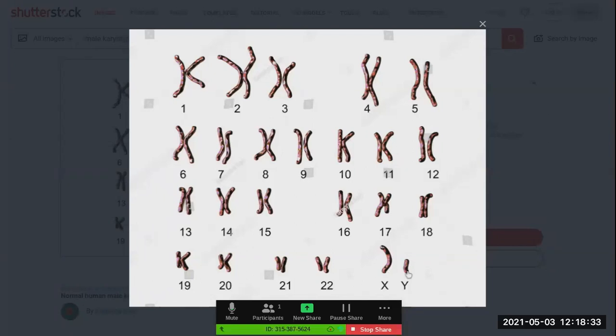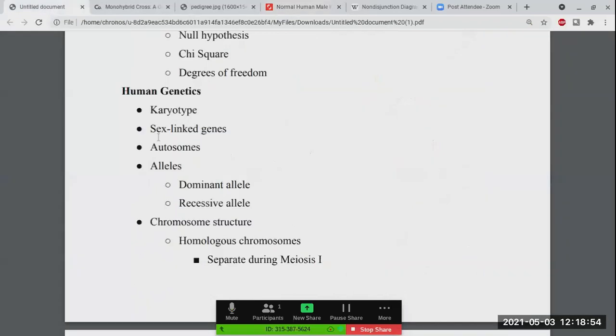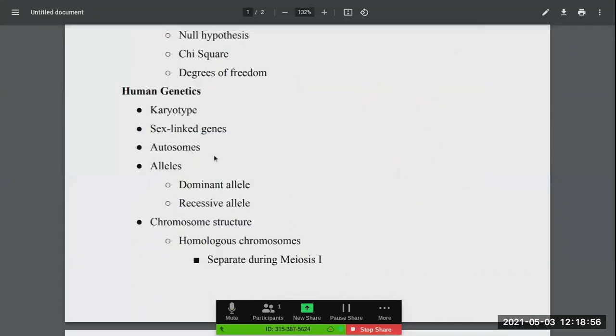And as you can see, Y tends to have fewer genes compared to X. So these are sex-linked genes, X and Y. The non-sex-linked genes are all the 22 pairs of chromosomes, and these 22 pairs of chromosomes, we call them autosomes. So these are what autosomes are and what sex-linked genes are.